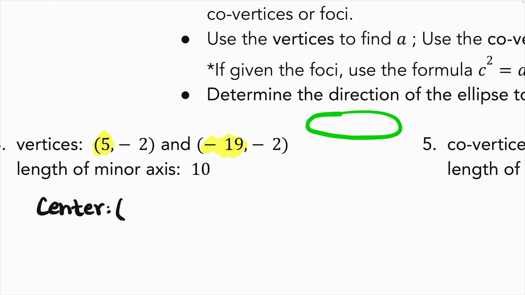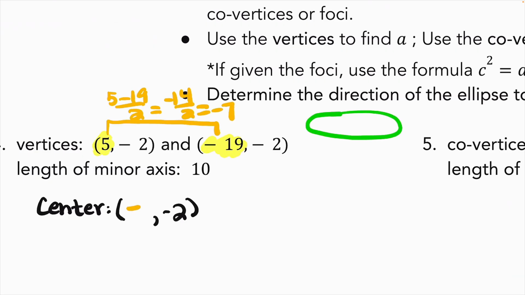I know one of the coordinates of my center is going to be -2. The other coordinate is the middle of these 2 points. So 5 plus -19 divided by 2 is -14 divided by 2 is -7.